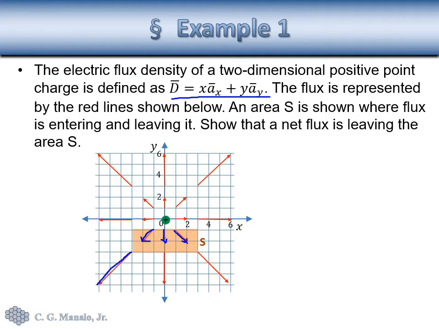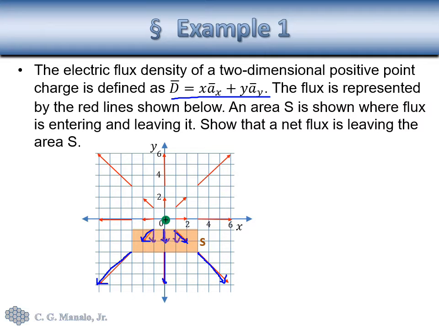This line is a bit longer because it is farther from the origin, and this line as well. We also would like to get the line that is only perpendicular to the surface of the area. Let's say this line here is perpendicular.